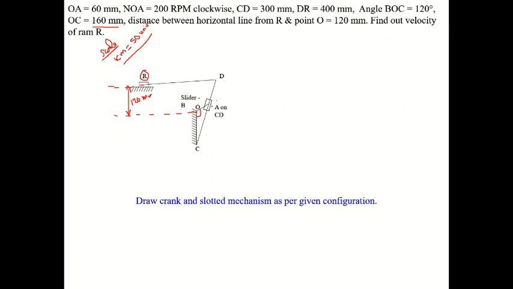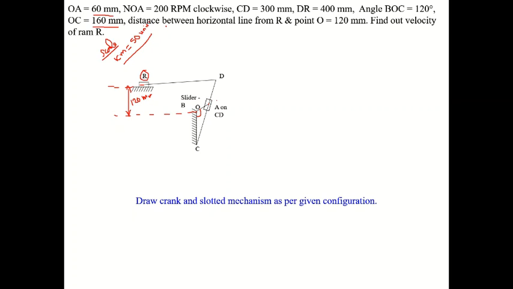On this line, OA length is 60 mm, which means 1.2 centimeter. So on this line, take 1.2 centimeter, and you get OA.